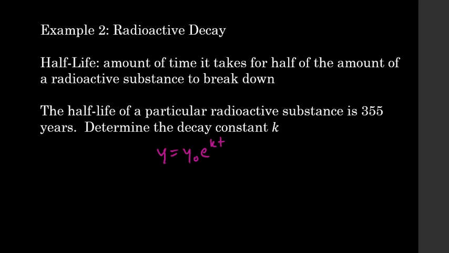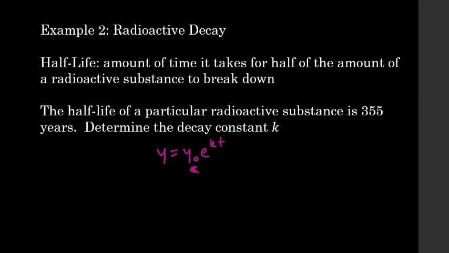It says the half-life of a particular radioactive substance is 355 years. So what we know is after 355 years, the amount of radioactive substance we have is half of what we started. Well, the amount we start with at time t equal to 0 is obviously y naught right here.